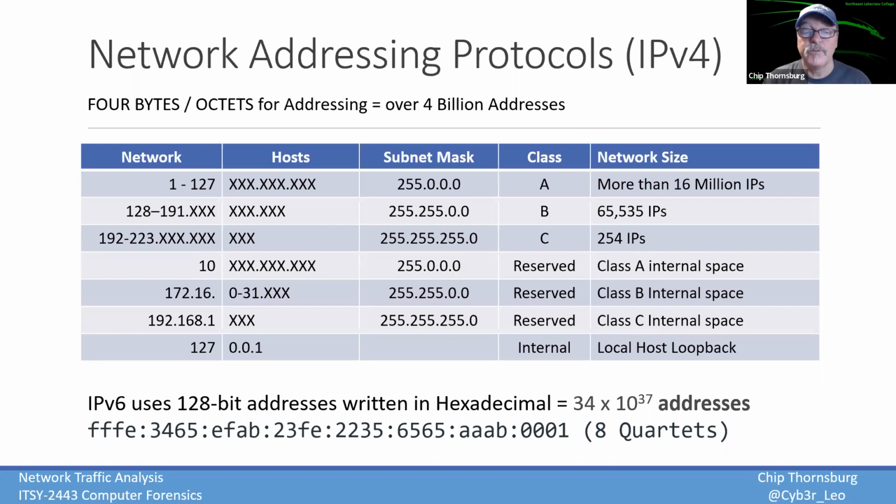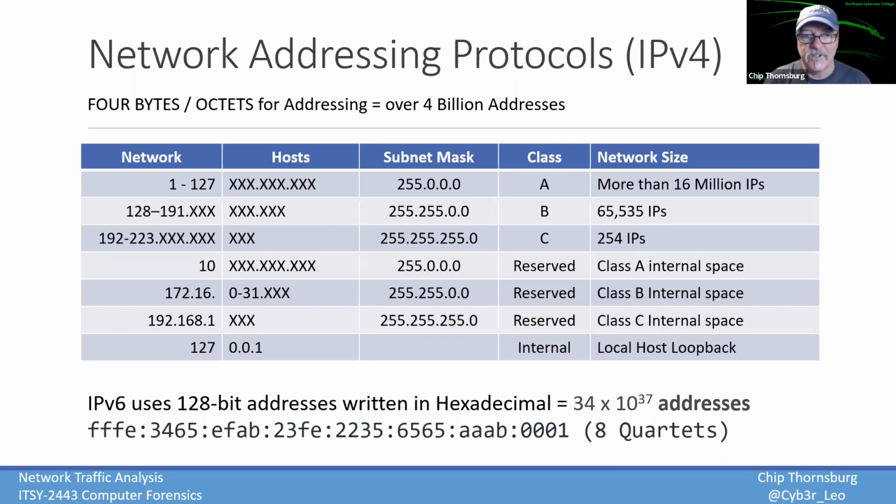If we see 192 to 223, that should tell us that it is a Class C network, and Class C networks are probably the ones we're most familiar with, right? Smaller, giving us 254 usable IP addresses. If the first byte is 10, we should recognize that's an internal address using a Class A space. So again, you could have 16 million IPs.